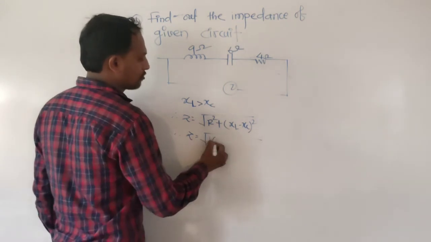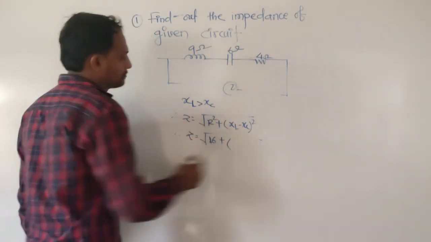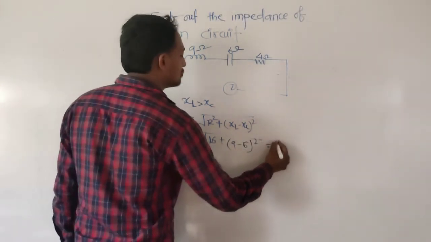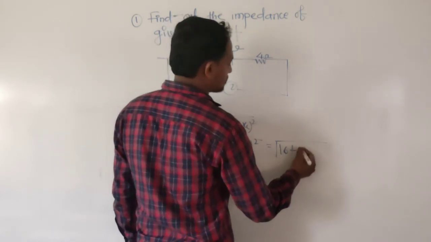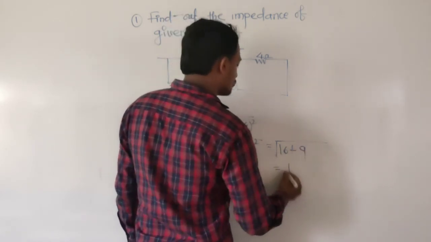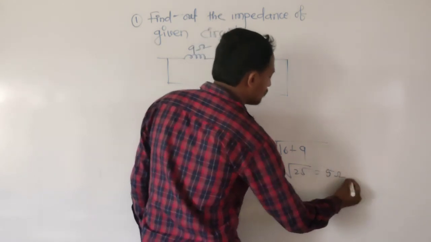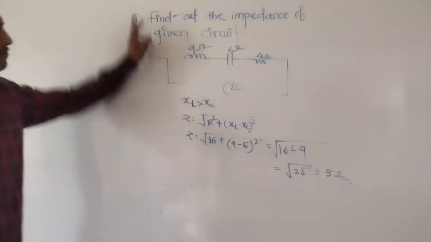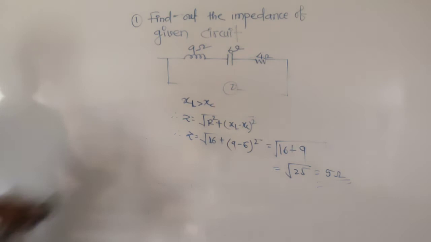So 4 squared is 16, plus (9 minus 6) whole square. 16 plus 9 is 25, so the square root of 25 is 5 ohm. This is the impedance of this circuit. You look here, this is the example.